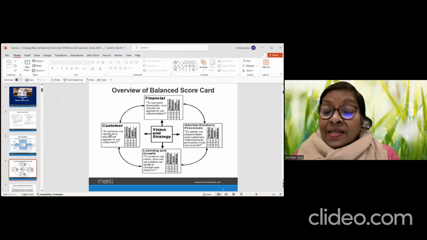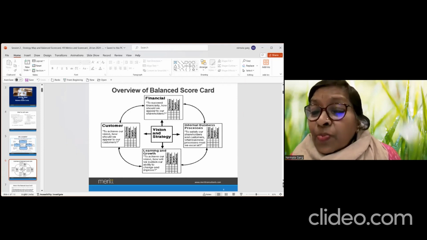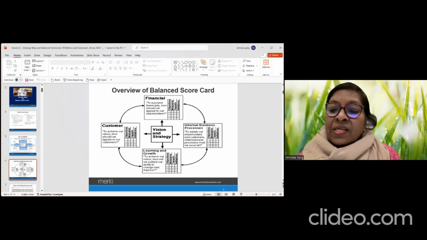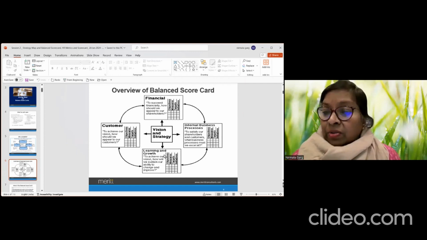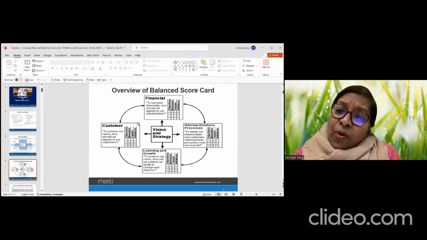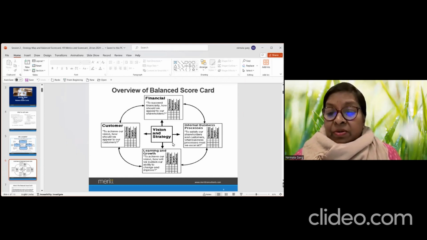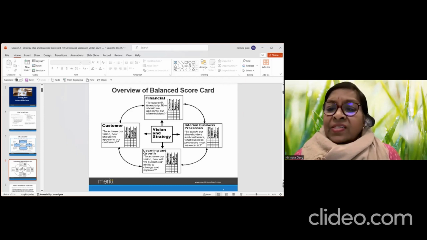They said customer perspective. They said internal business processes perspective. I'll explain everything, guys. Learning and growth perspective. Now, when we look at these four perspectives, what does success look like in finances?